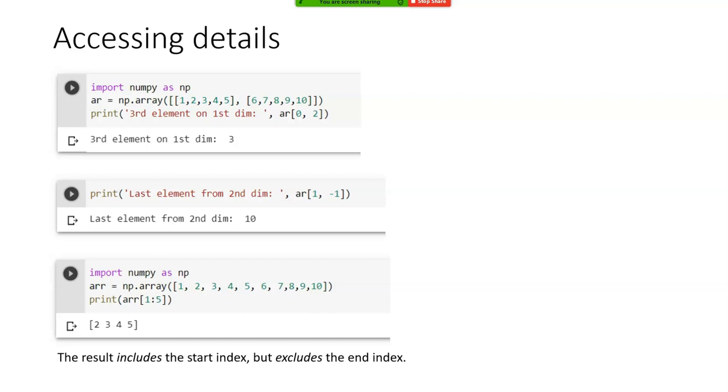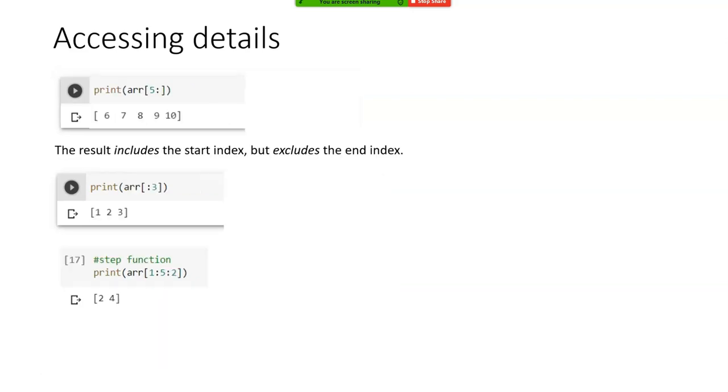Clear? Right? So if I include 5 up to the end, it prints 6, 7, 8, 9, 10. Clear? It prints from the start, up to 3.